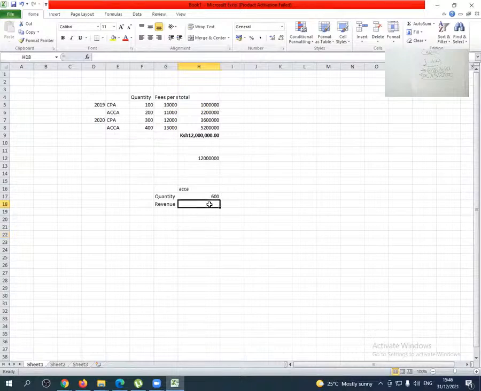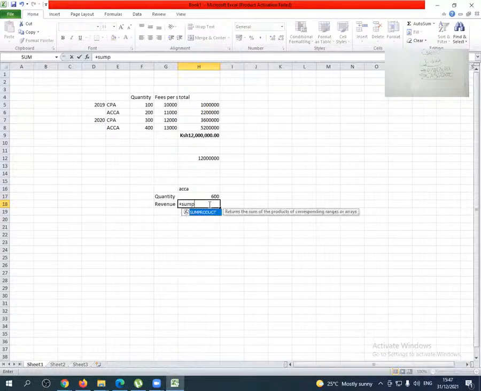What if I wanted to know revenue? Revenue is price times quantity. So then what I need to do is to come and say equals. So equals, I have the sum product there. So the sum product, we have tab there. So this array 1, because I want to specify, I'll come there, right? And then I say equals my ACCA course that I want, right?